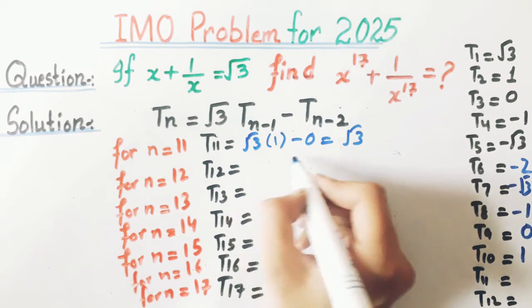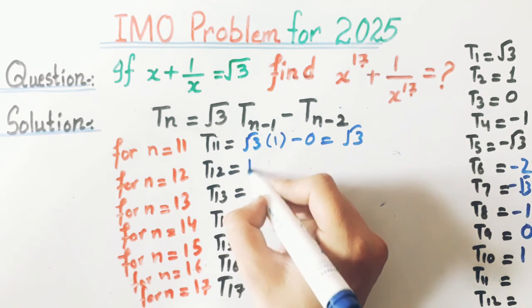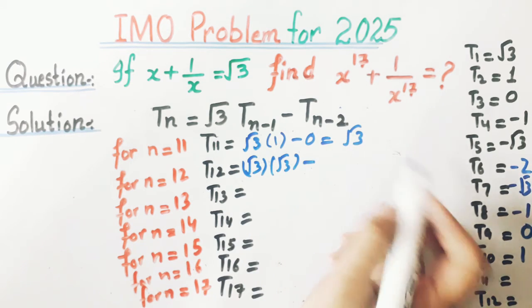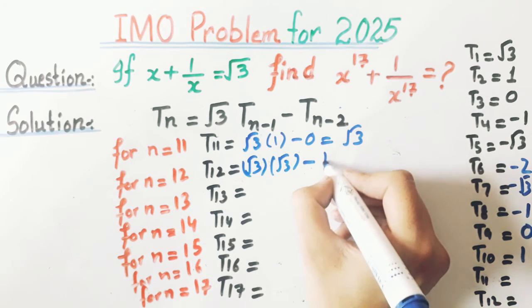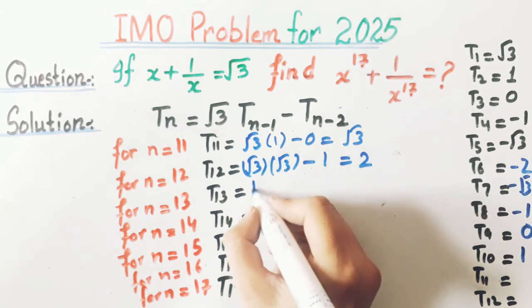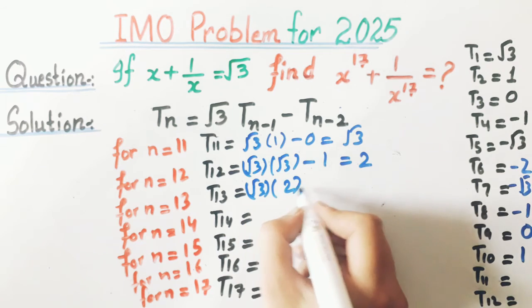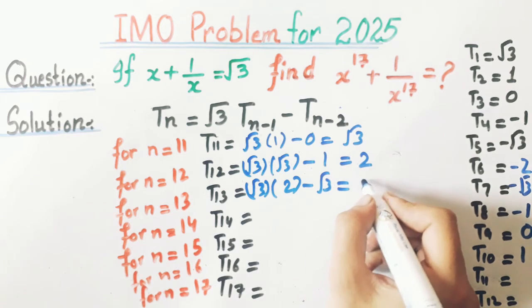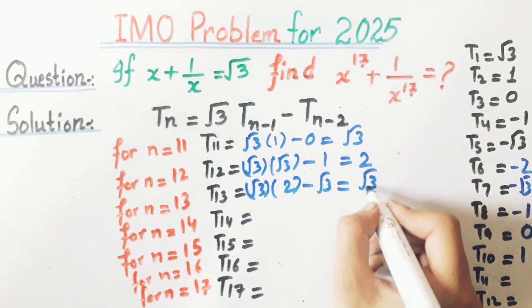And T12 will be square root 3 into square root 3 minus the previous one, that is 1. So this is equal to 2.